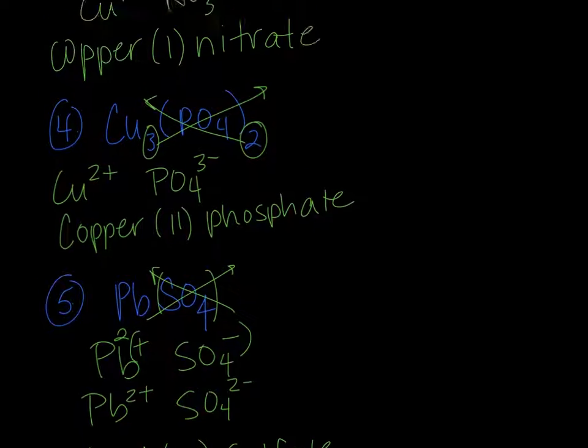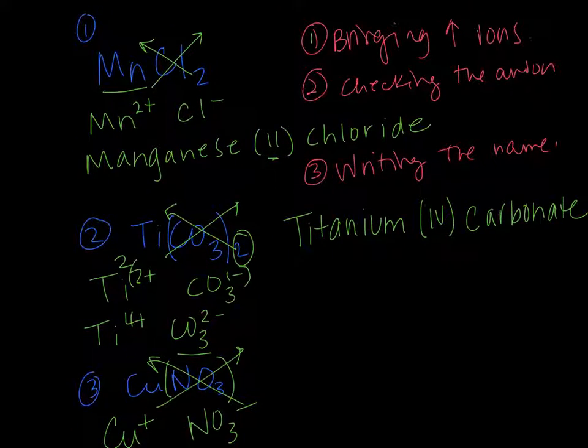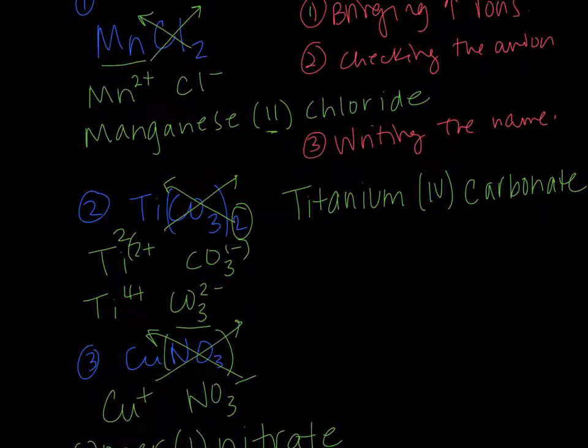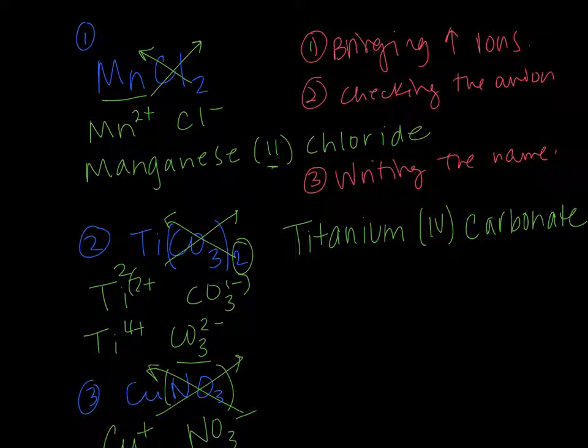All right. So I'm going to scroll back up here. Okay? And let's say we wanted to check these and we wanted to see if they were correct. All you would have to do, okay, is just look at the name. Don't look at what was up here. Look at the name and rewrite it as a formula, right?